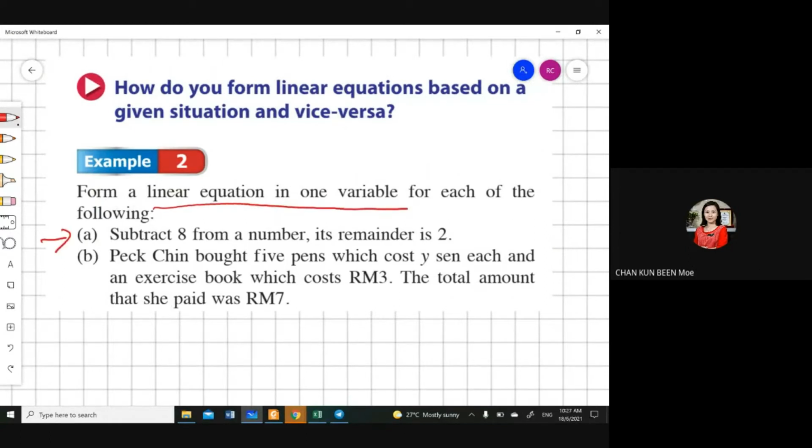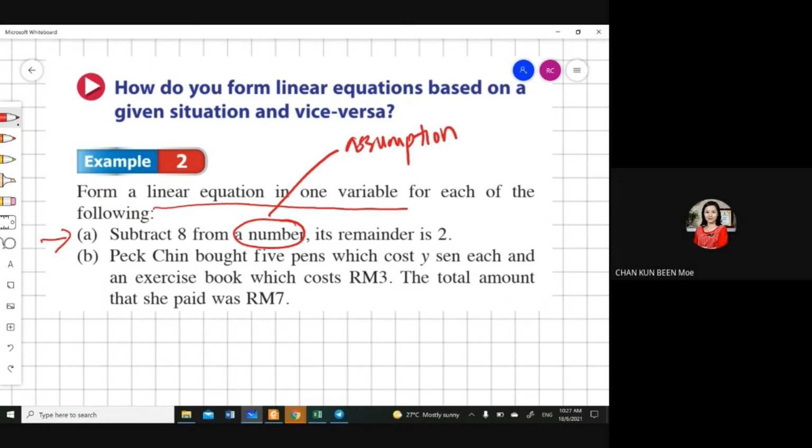Subtract 8 from a number. Its remainder is 2. So do we know what is the number over there? Don't know, right? So for the number that you don't know, we always need to make an assumption.